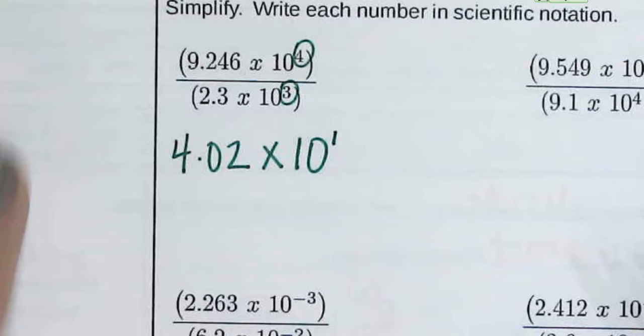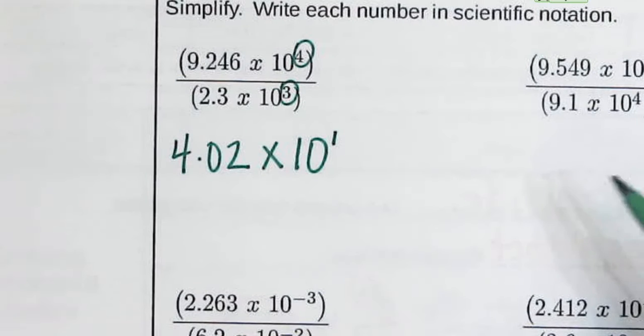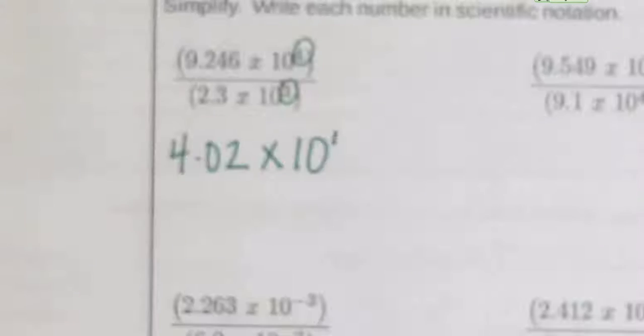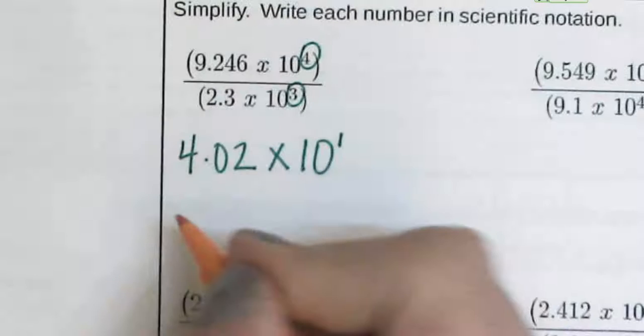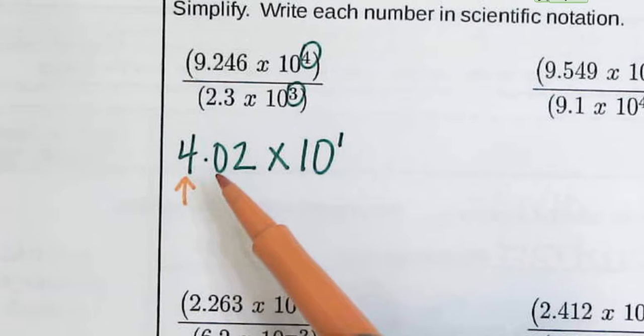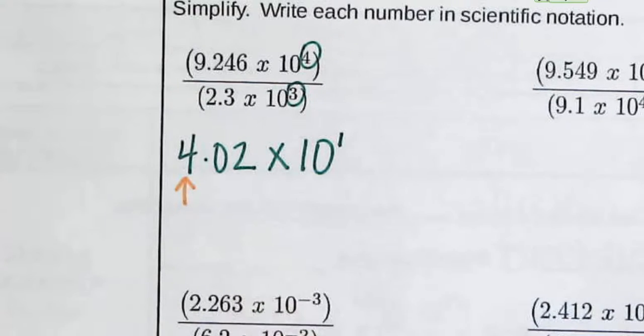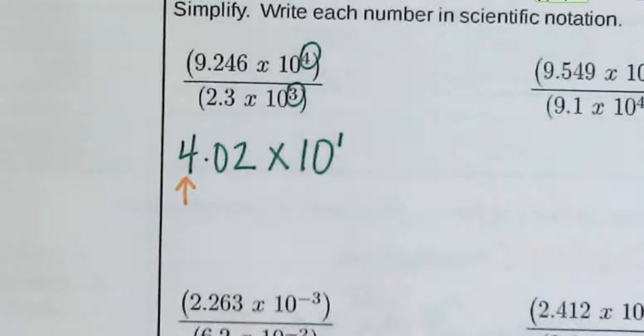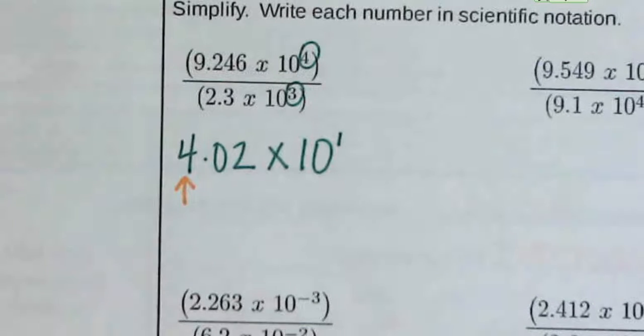All right, let's move over to the next problem. 9.549 times 10 to the 7th divided by 9.1. So again, I'm going to divide my decimal numbers, so I take my calculator and divide 9.549 divided by 9.1.